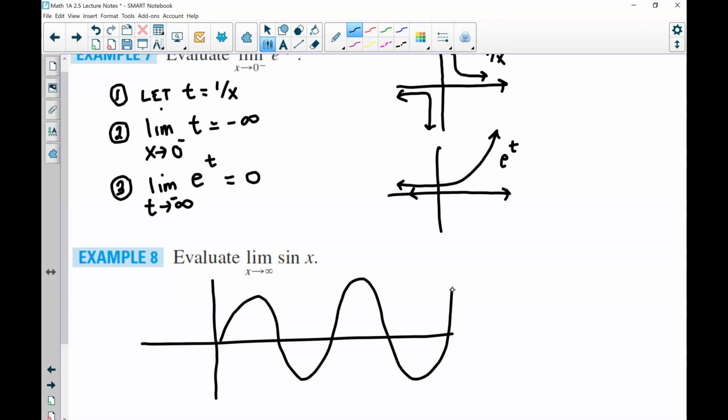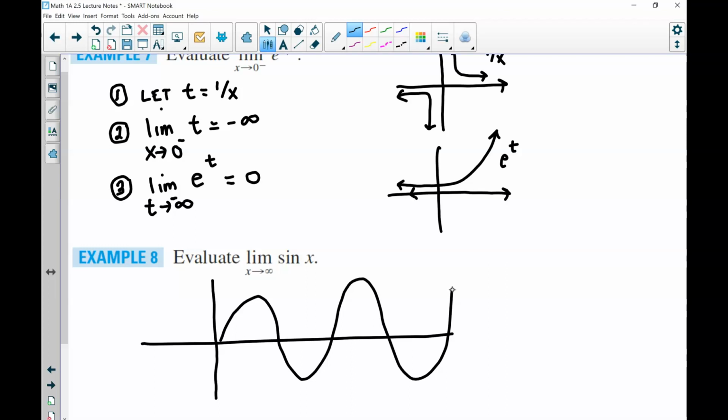Okay, so as x approaches infinity, what can we say it approaches? Well, in this scenario, as x increases, the values of sine of x are going to oscillate between 1 and -1 infinitely often.